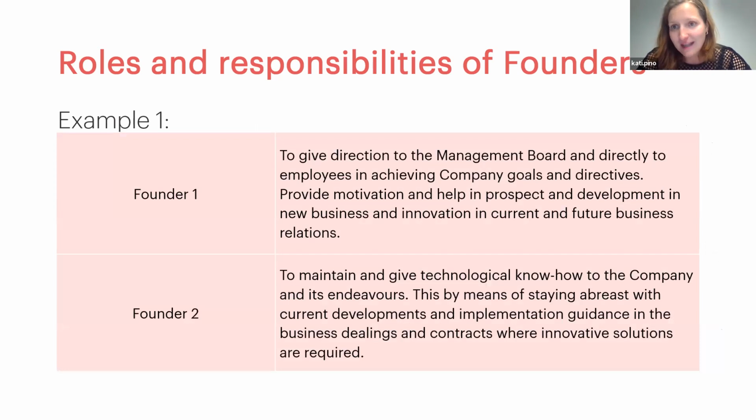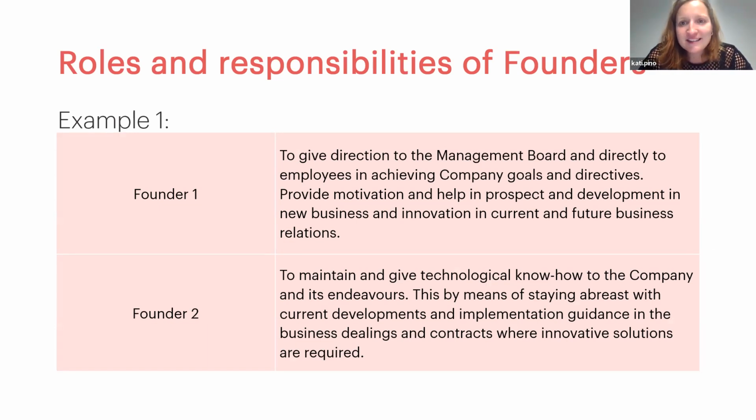Now I have some examples for you, so you can see for yourself how other people have decided to regulate this in their agreements. These are all real examples, so I didn't make them up. I just removed names.